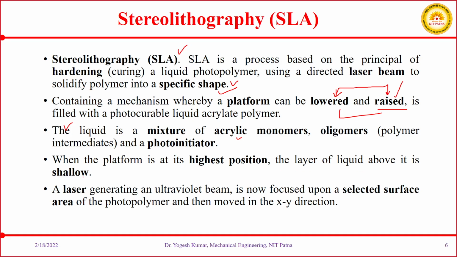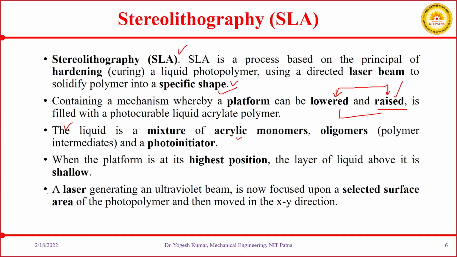It means you have a very thin layer of liquid resin over this build platform, so if you move the laser on this liquid layer, ultimately it will be converted into solid form due to the polymerization of the liquid resin.